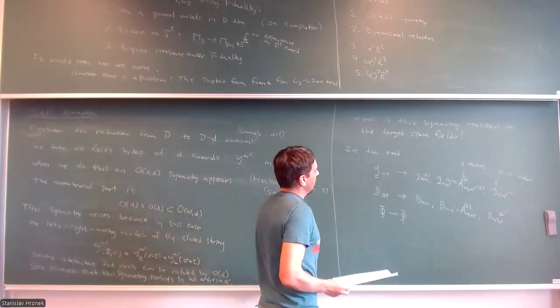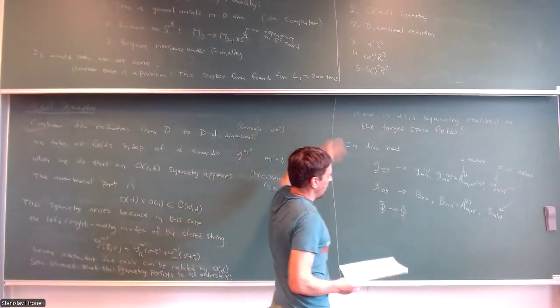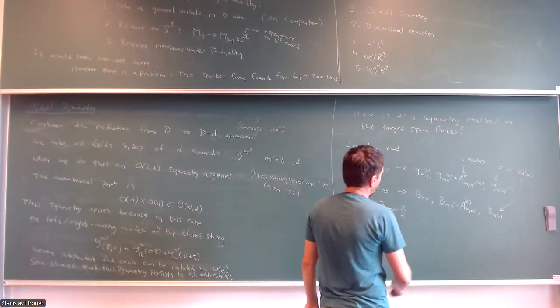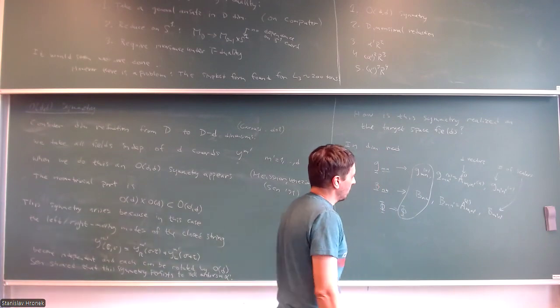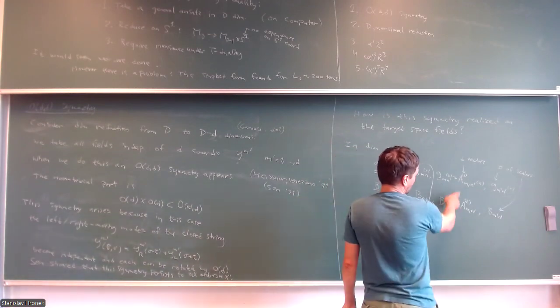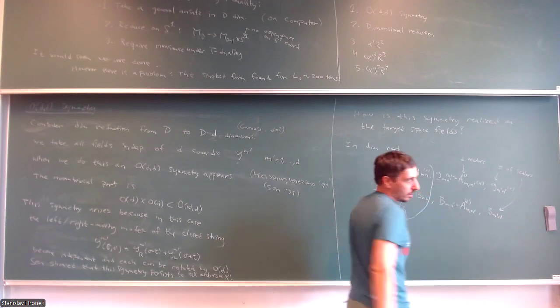Okay, so what do we get now in the reduced theory? Well, we get the same as we had in the original theory, which is the metric, B field and phi. But besides that, we get two sets of vectors and a bunch of scalars.